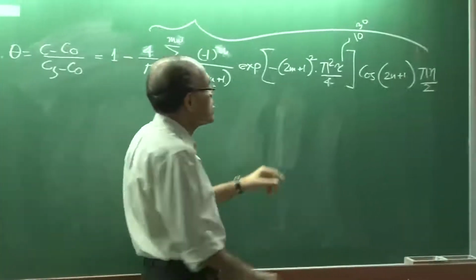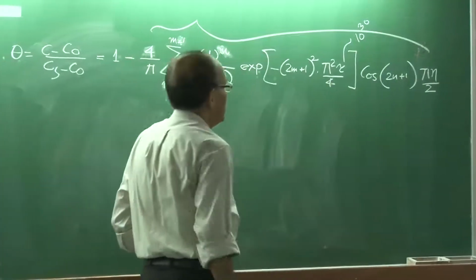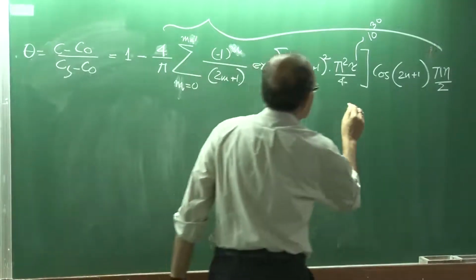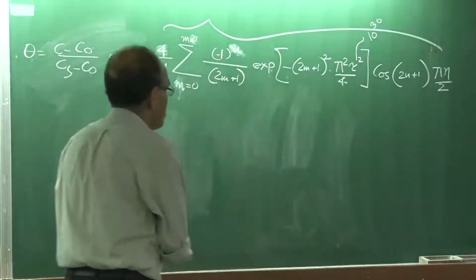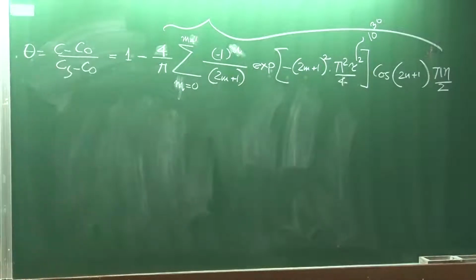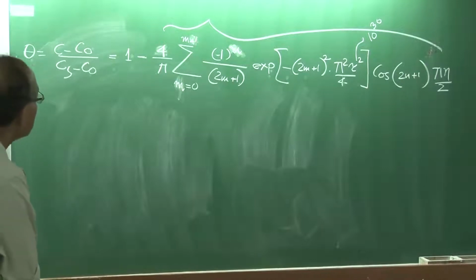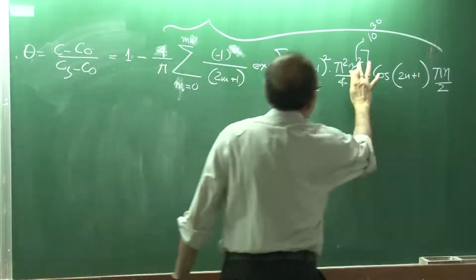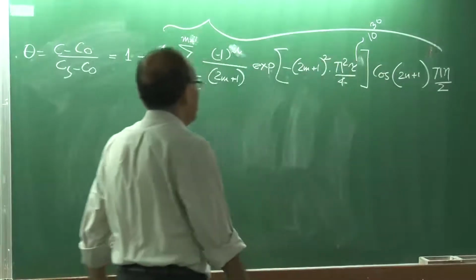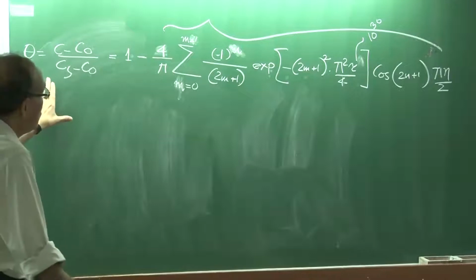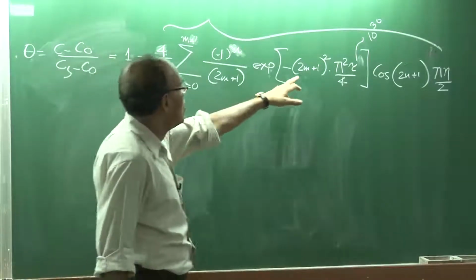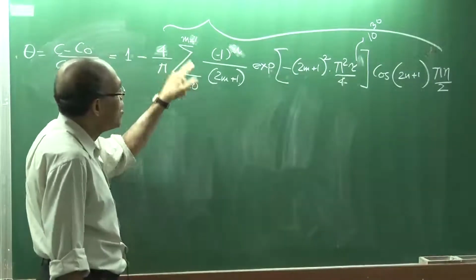Because it appears as pi square tau, 2m plus 1 whole square, right, pi square tau, that is fine, sorry. So, here for example, we have a summation series, m equal to 0, then m equal to 1.